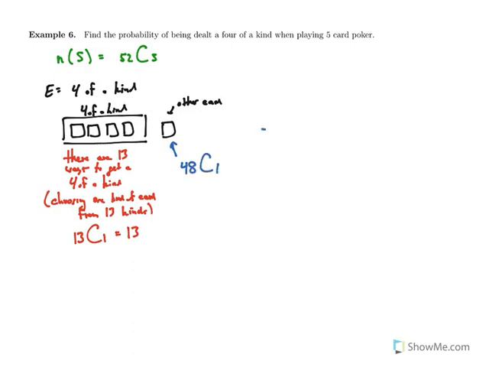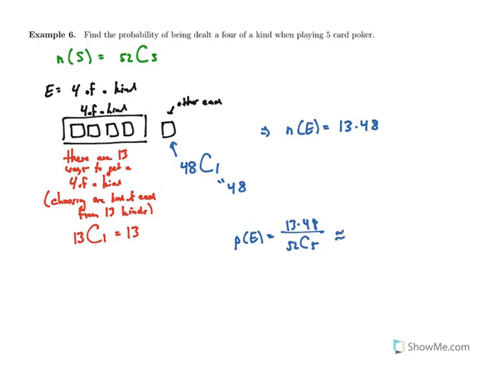So total, the size of E is going to be 13 times 48. And our probability here is going to be 13 times 48 over 52 choose 5.